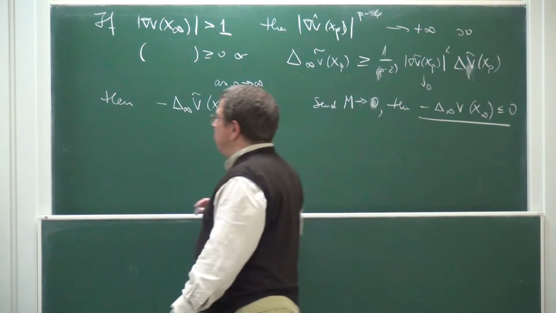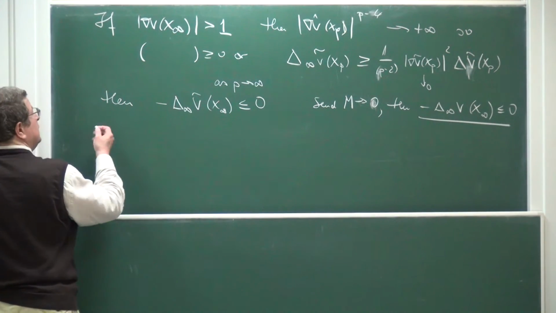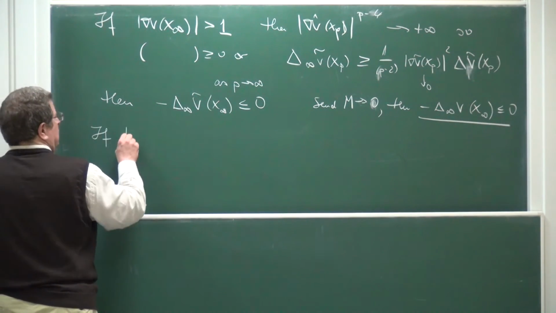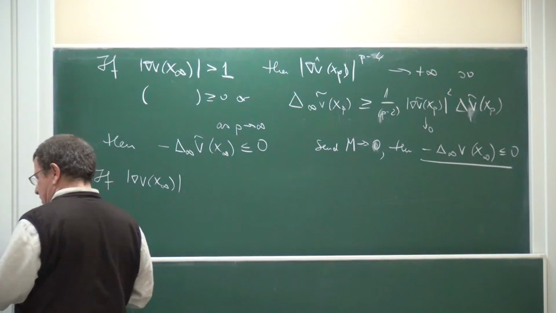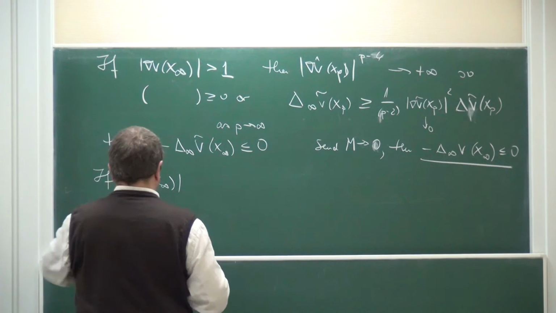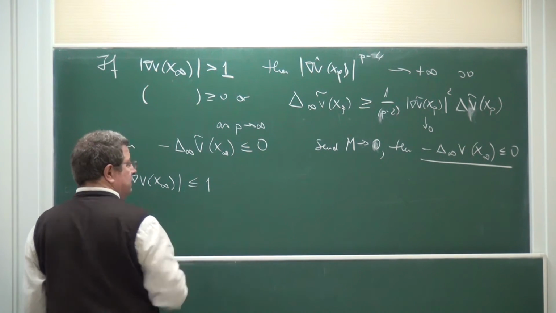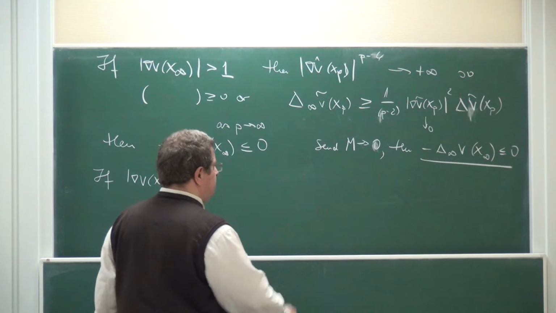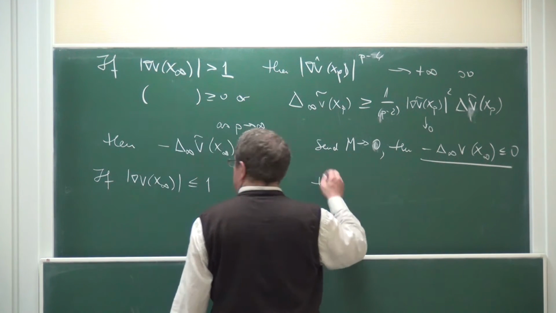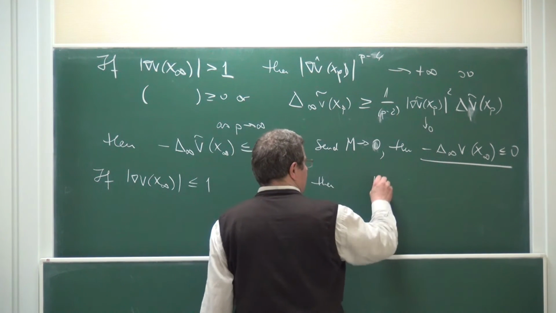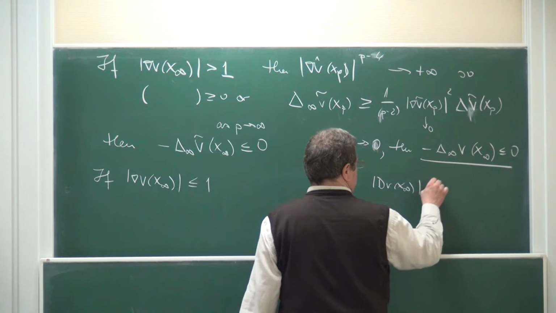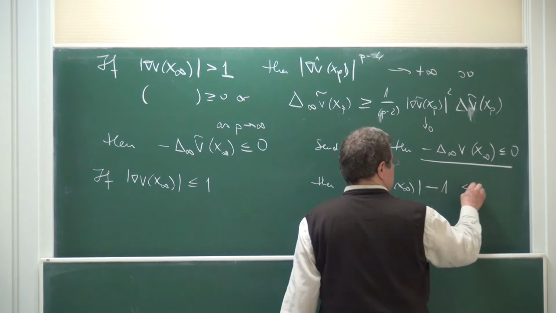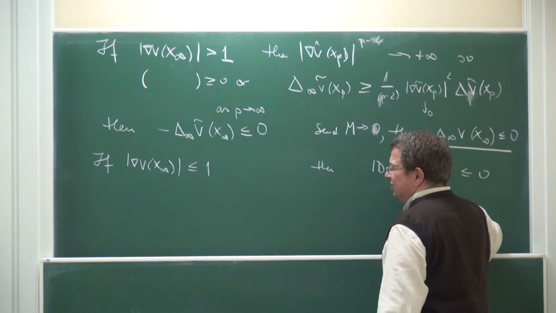So this is one possibility that can occur. The other possibility is that the gradient of v in x infinity is less or equal to 1. Then the gradient of v in x infinity minus 1 is less or equal to 0.